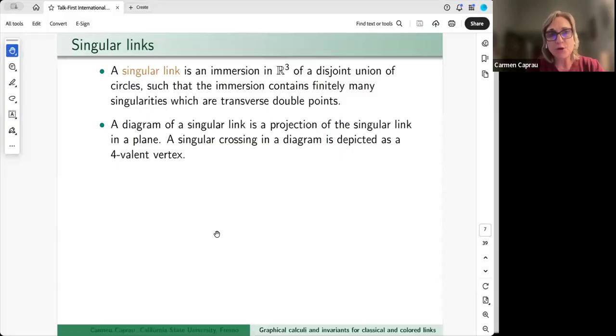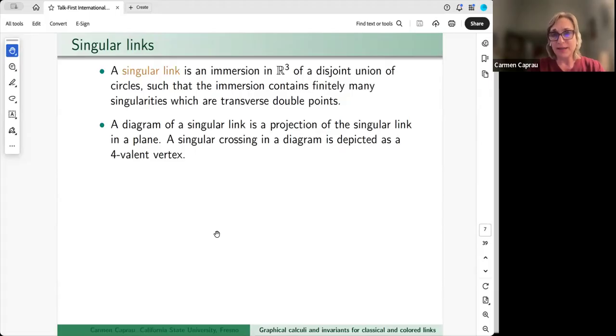In this research, we also work with singular links. So I will only briefly mention what they are to make sure that I have a more or less self-contained presentation. A singular link, instead of an embedding in R3, is an immersion in R3 of a disjoint union of circles.